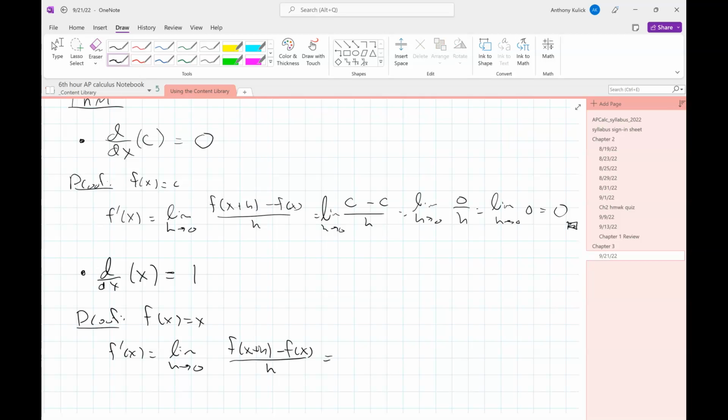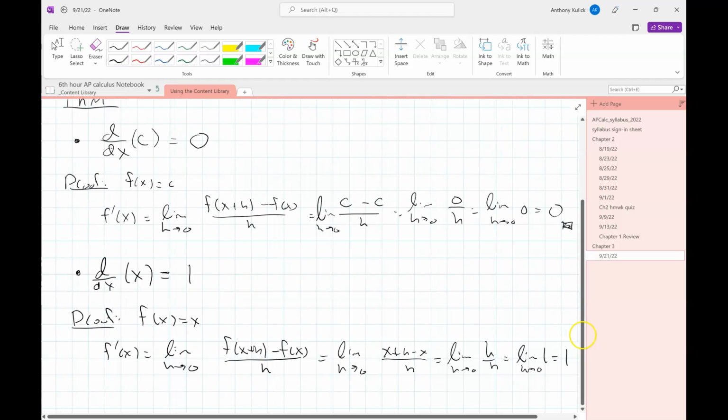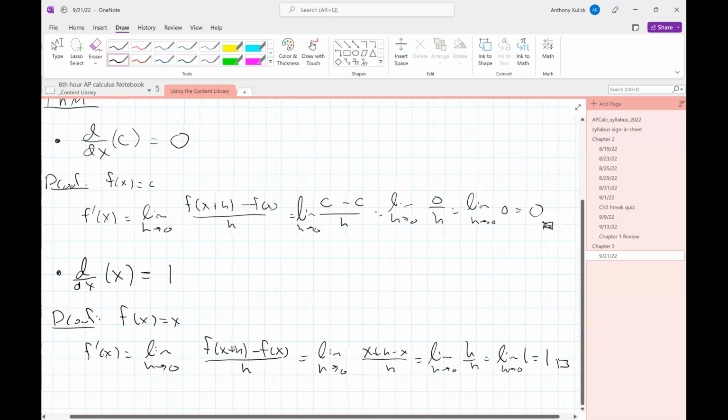Would Mr. Kulik ask you to prove things like this on the test? Probably not. But it's good to see how this stuff is done.